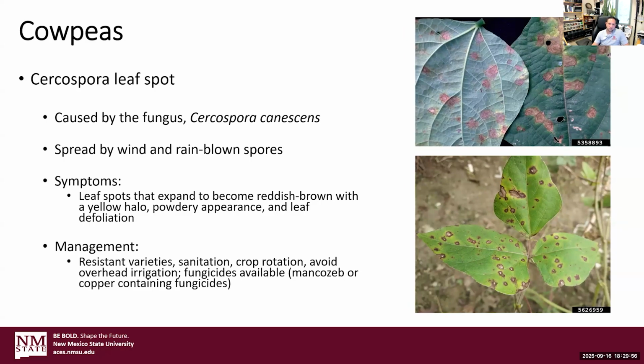Some of the symptoms we see are leaf spots with a yellow halo developing around them, a powdery appearance, as well as leaf defoliation if it gets too many of those leaf spots. To manage this, resistant varieties and sanitation. If you see those leaves on the ground, remove those. Also crop rotation and avoiding overhead irrigation, because you can spread those spores fairly quickly and easily that way.